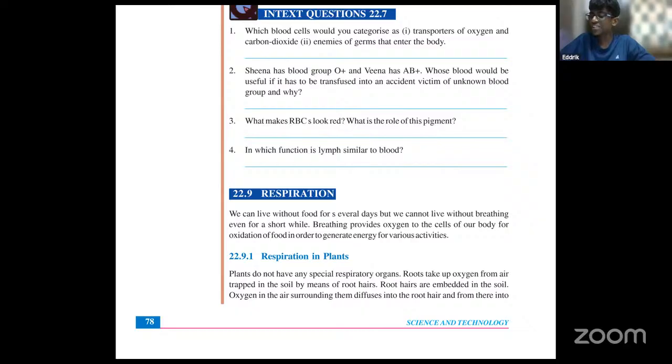But respiration occurs at the cellular level. What is the meaning of respiration? Cellular level means it converts carbon dioxide and water into glucose and oxygen. No, we are not plants. We are talking at the human level.